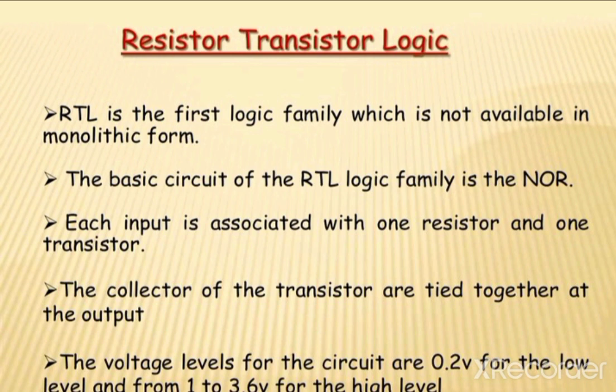Under bipolar, again the technology is divided into saturated and unsaturated types. Saturated means if we are using a transistor, it goes into three states, that is cutoff, saturation, and active region. If you ground all the terminals of the transistor, it will go into saturation.